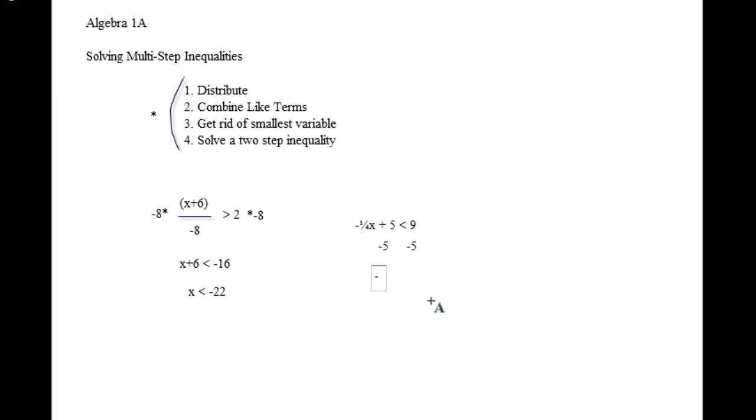Now we're left with negative 1/4 x is less than 4. And so when you divide both sides, you're going to divide by a negative quarter. So whenever you get your answer, it should be x is greater than negative 16.